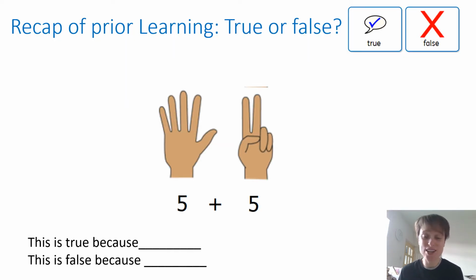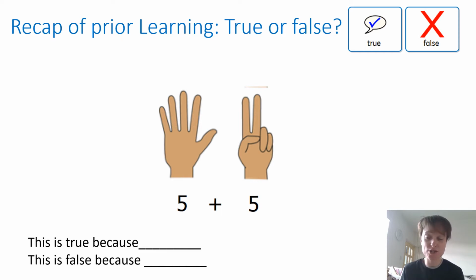We're going to start our learning today by recapping on some learning from yesterday. So I'd like you to have a close look at the picture of the fingers and the expression underneath. And I want you to have a think about whether the expression matches the picture, whether it's true, or whether the expression doesn't match the picture, whether it's false.